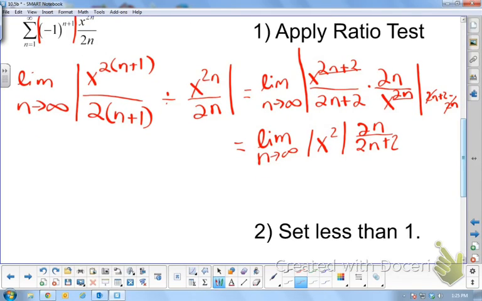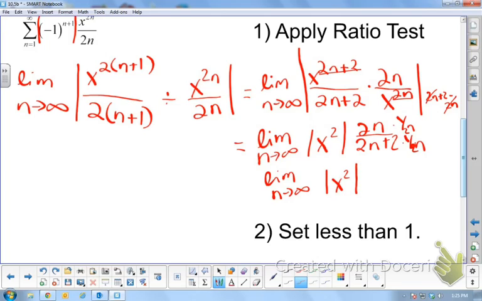So actually we can't apply L'Hopital's rule, but we could do our special clever form of 1. What's our clever form of 1 we can multiply by? 1 divided by n. And I can't apply L'Hopital's rule because I have that weird piece out front. Do you do 1 divided by 2 then? In this case? You could. So we get absolute value of x squared.